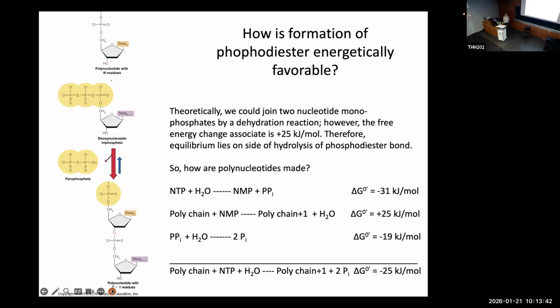So what sorts of enzymes are synthesizing DNA and RNA in this cell? What are those called? Remember? Yeah. Transcriptase? Polymerase. Yeah, but a transcriptase could be transcribing as well.